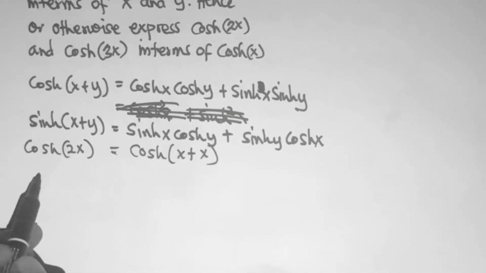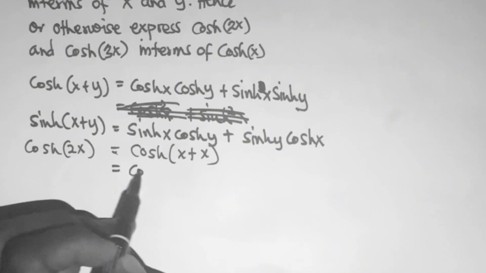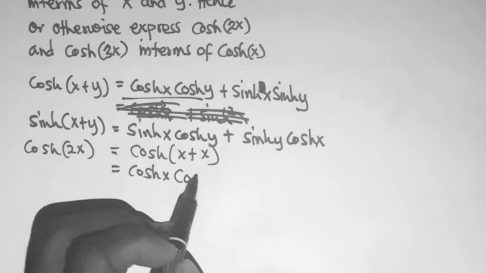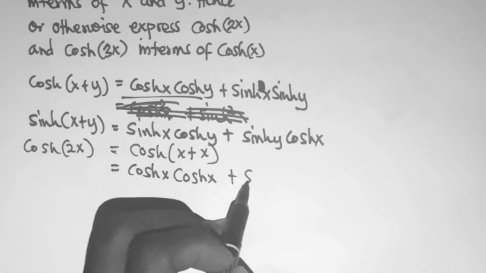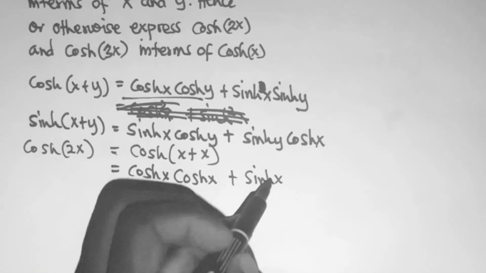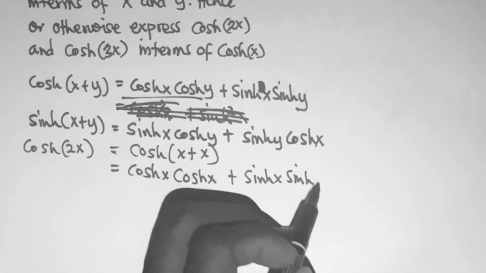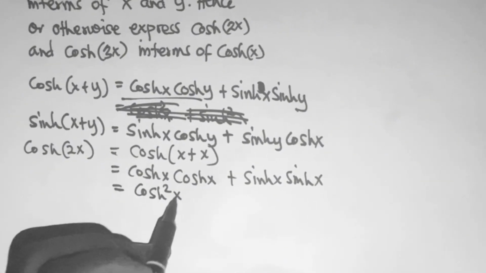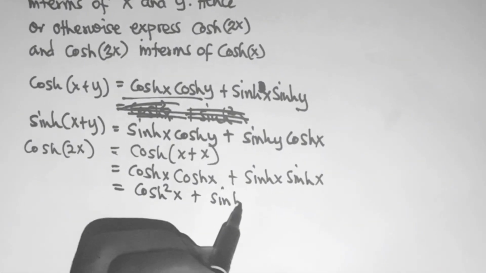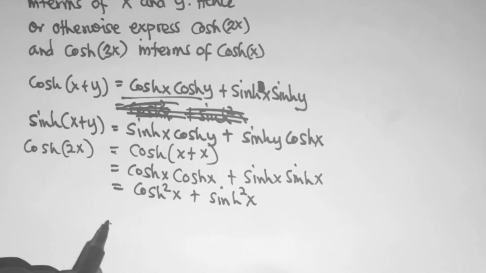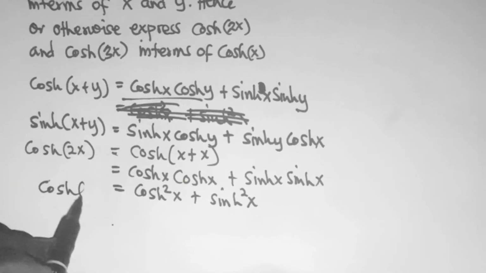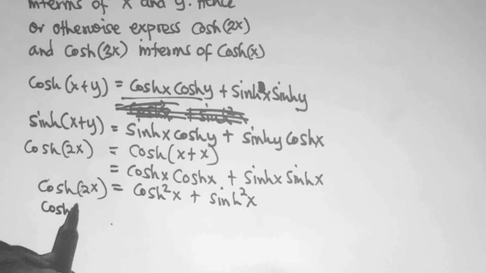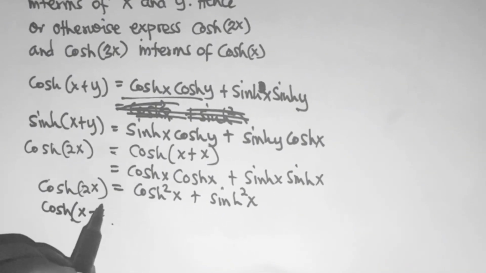And that becomes, we are using this expansion, cos x cos x, then plus sin x sin x. So this is equal to cos squared x plus sin squared x. That is cos 2x.